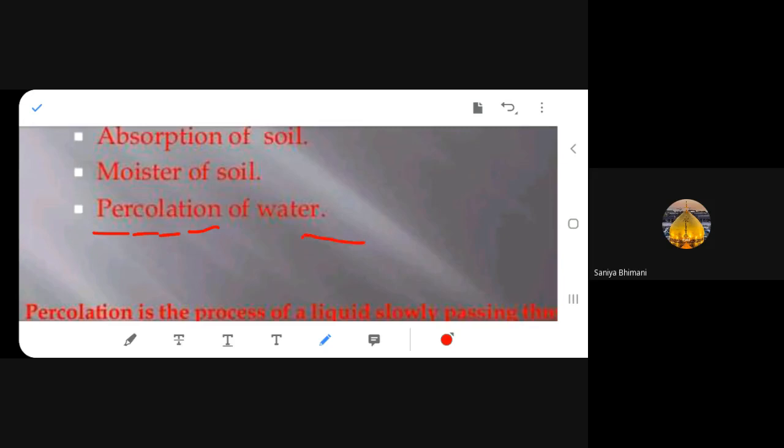So percolation of water means what? Now this is the surface of the land, right? The rain is falling. It trickles down. It seeps inside the soil. The rate at which it goes inside the soil and forms the water table is known as percolation.